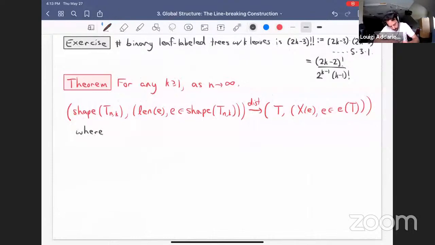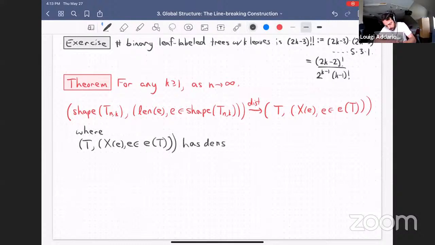So this pair T and XE can be described by its density.